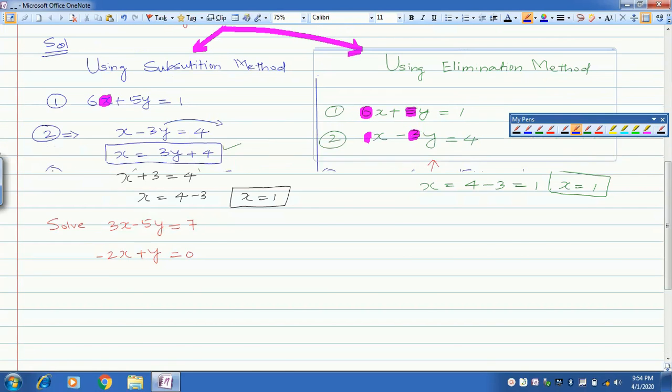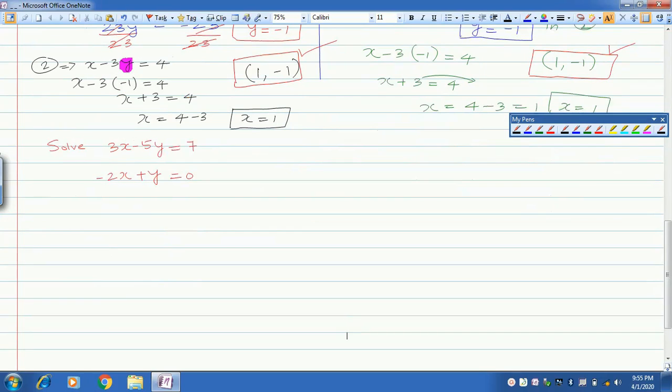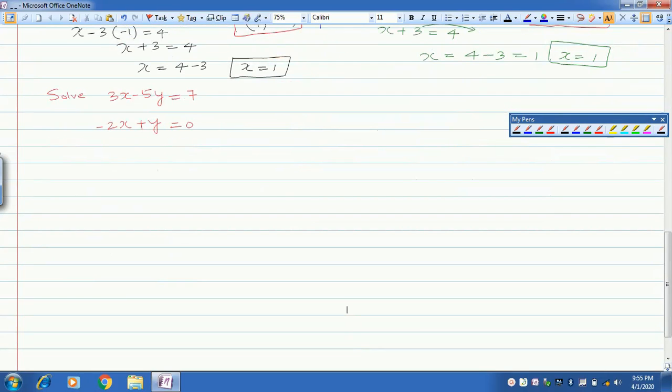So what should be the answer? The same formula, same thing you have to do. Here this is my equation number 1 and this is equation number 2. So if you eliminate y, what do you have to multiply?